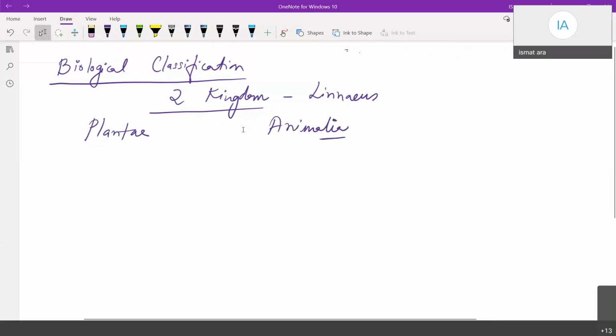Now, what are the bases? Let us write some points. Cell wall: present in plants, absent in animals. The second factor, locomotion: in plants, locomotion is absent, whereas in animals, locomotion is present.